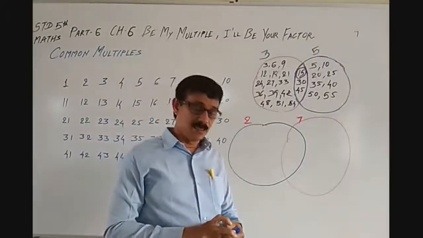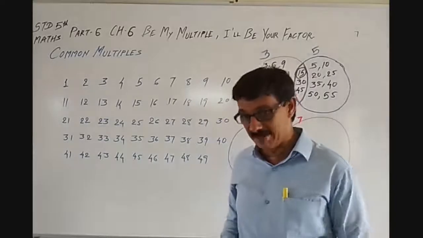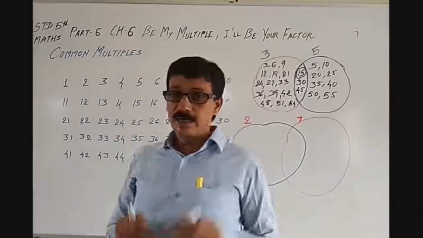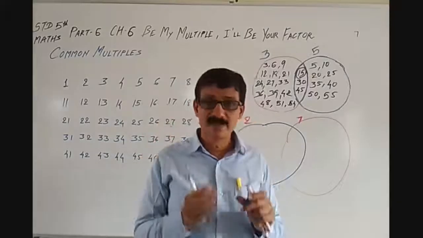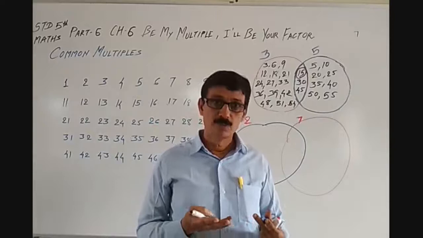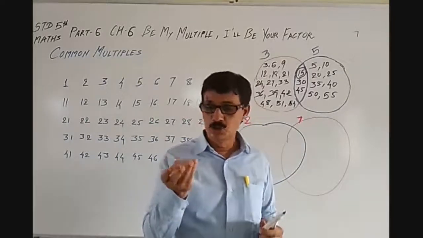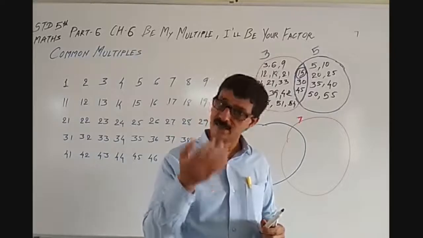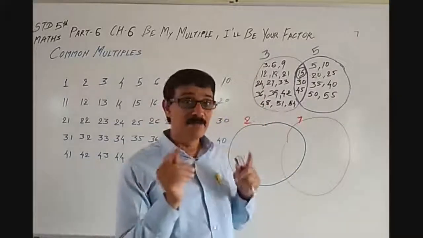Now let's write the multiples of 2 and 7. Last time we also discussed that all even numbers can be divided by 2. All even numbers, 2, 4, 6, 8 and so on, can be divided by 2.